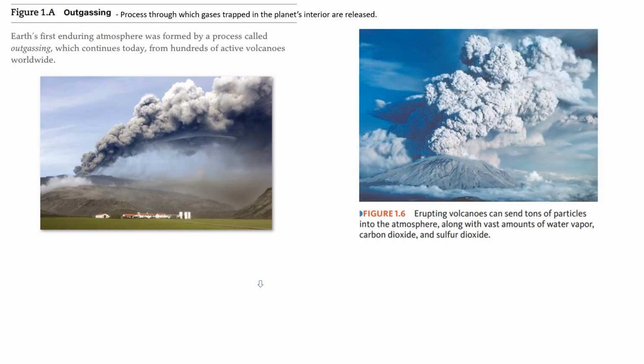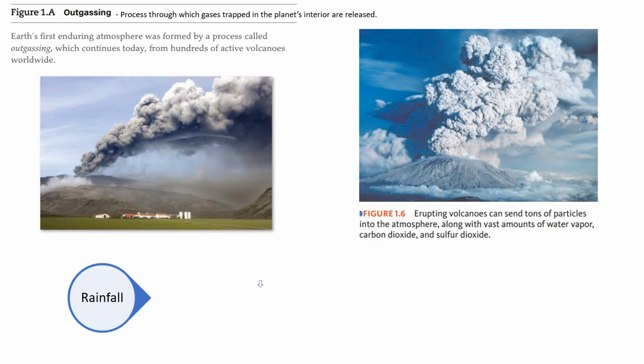In this second picture, you can see the erupting volcanoes, same as the first one, and they have sent tons of particles into the atmosphere, along with vast amounts of water vapor, carbon dioxide, and sulfur oxide, which influenced the components of our atmosphere.